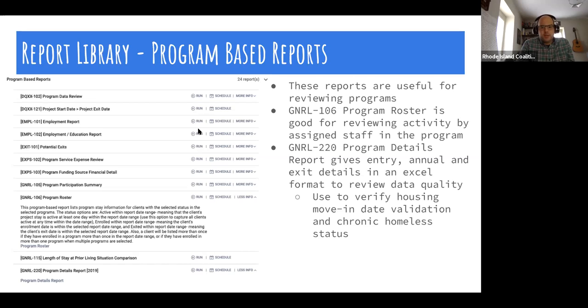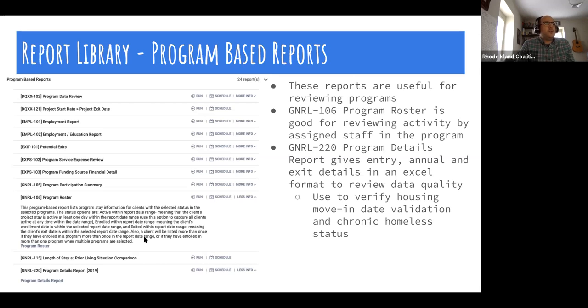for any given period. And then the other one is the general 220 program details report, and that will give all of the information that was put in for the program in the entry, in the annual assessments, and in the exits.